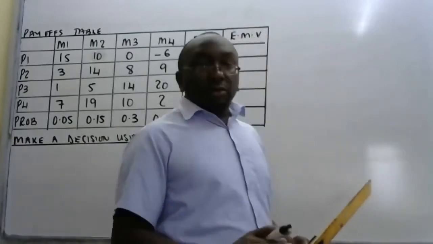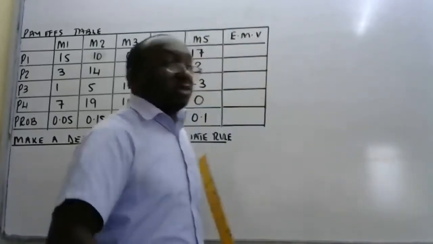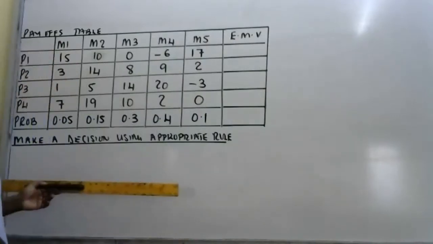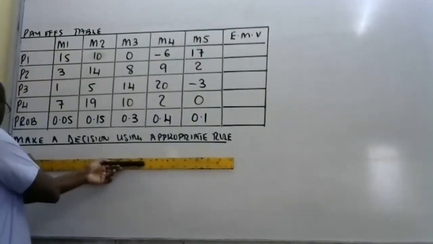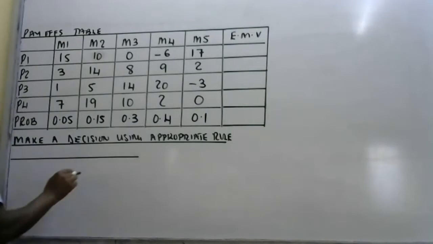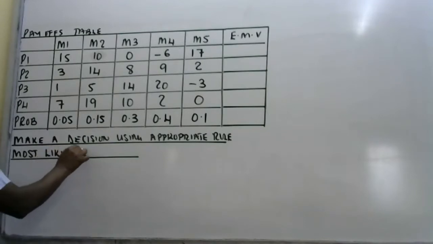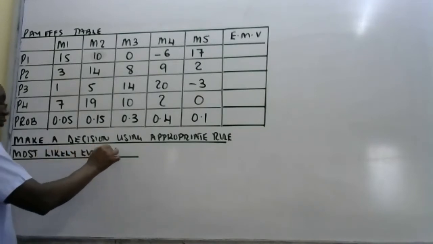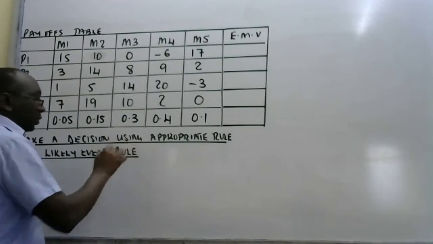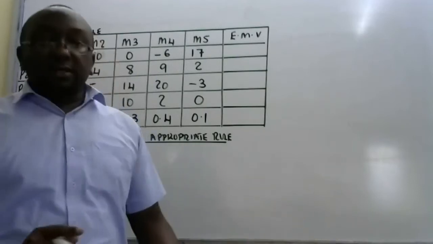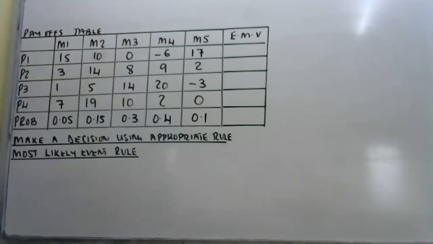And I'll not just confine myself to what the question is asking, but I will take you through all. So the first one is called most likely event rule.